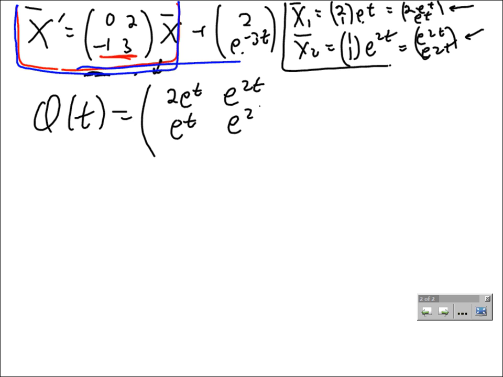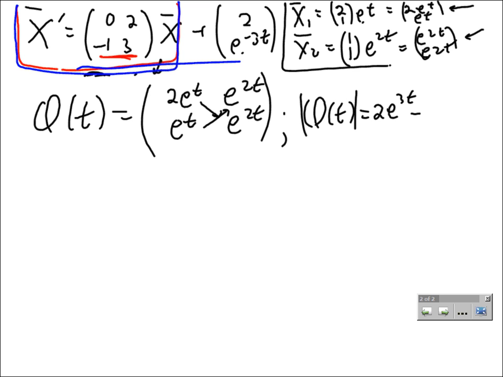Now, I want to find the inverse of this 2 by 2 matrix. So having the determinant would be a good start. You multiply those two, you get 2e to the 3t. Minus, you multiply those two, you get e to the 3t. So the difference is just e to the 3t.